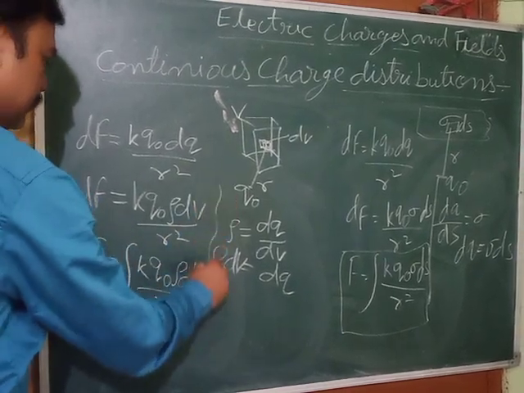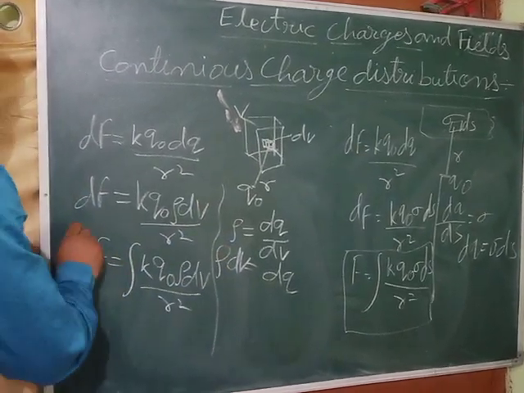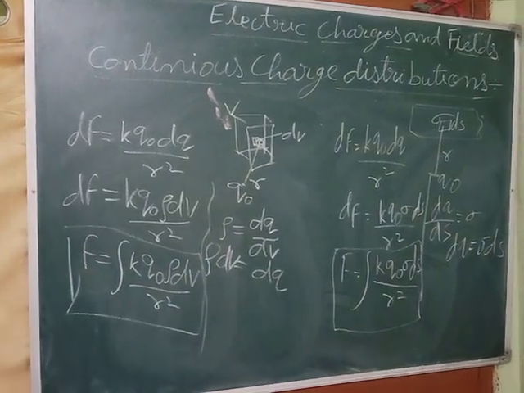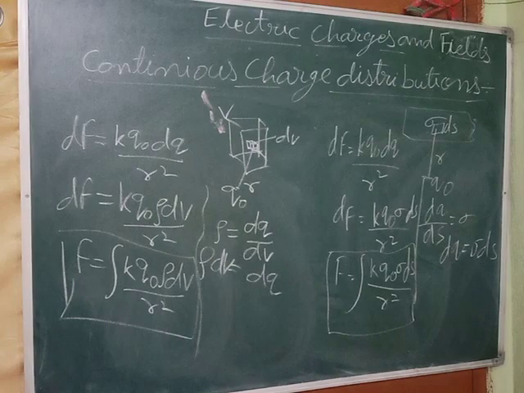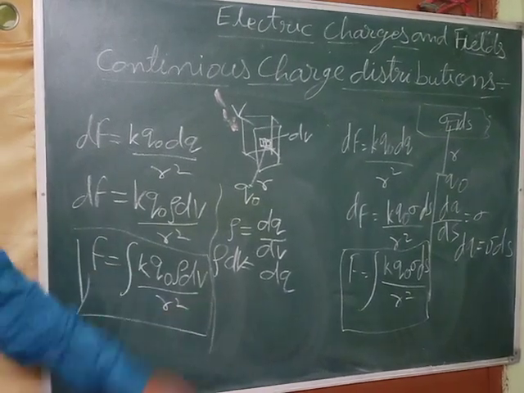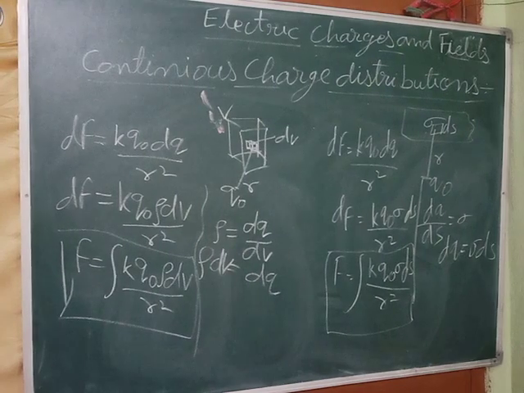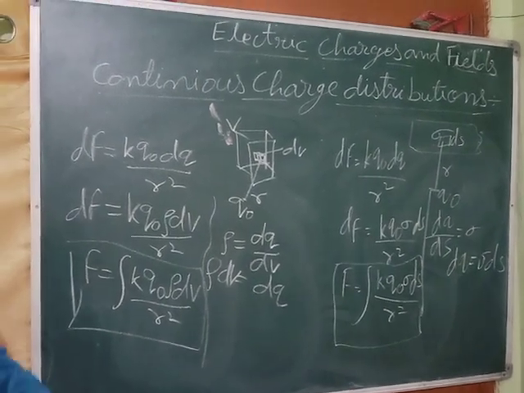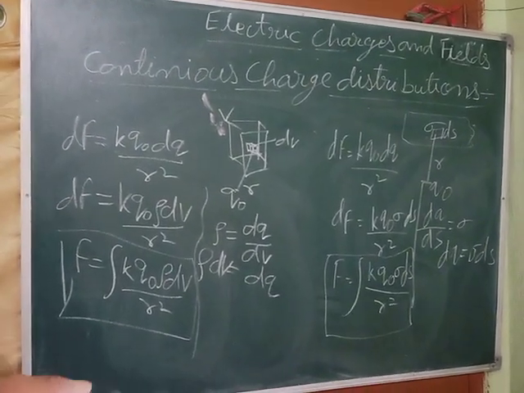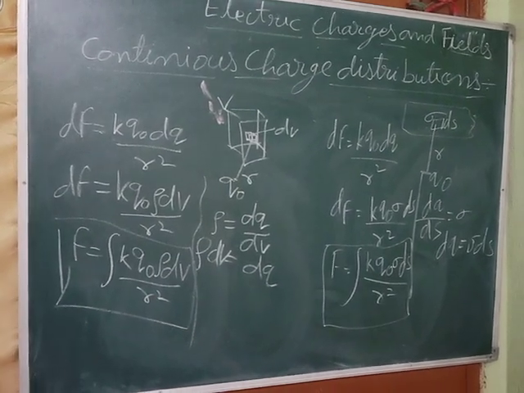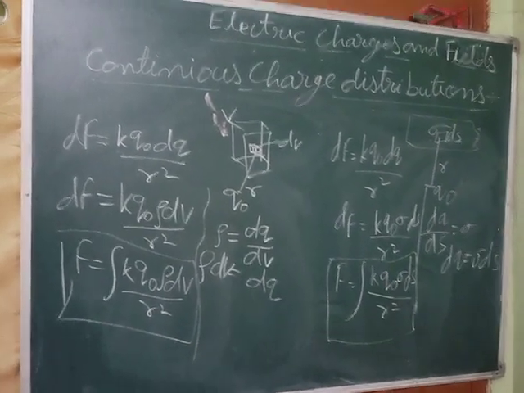This is for the three-dimensional body, and we can integrate it according to the given condition and get the results. In this way we can find the force due to uniformly charged bodies on a given point charge.